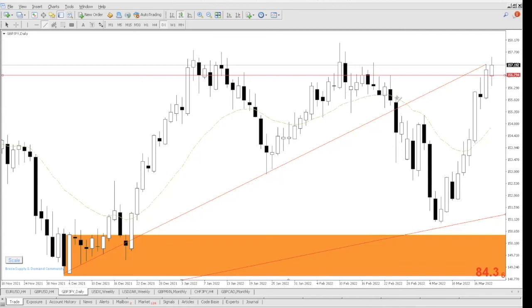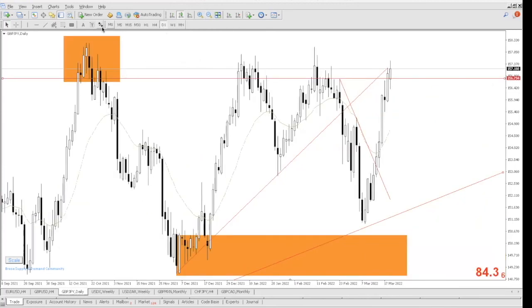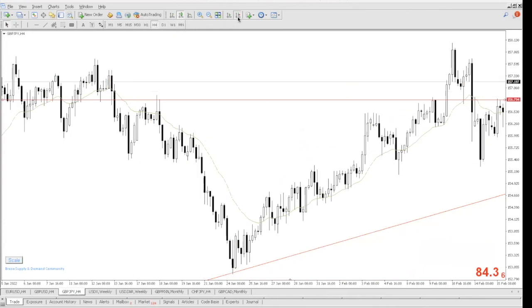A peak or our mountain, I draw my trend line here. Okay, so on the daily, the area that I have is this one, but it's no longer valid. Why? Because it was tested on the H4.